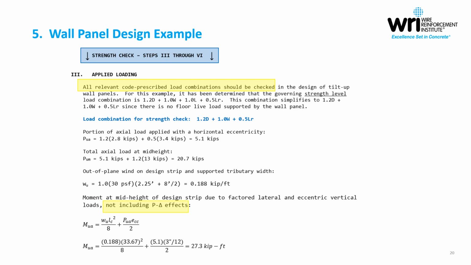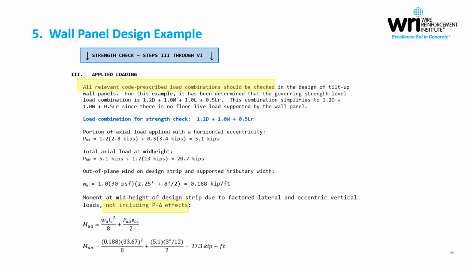The out-of-plane wind on the design strip, again, this is based on a tributary width. You can see the 1.0 strength level load factor on that wind, and we have a 0.188 kip per foot uniform load along the height of the design strip. This allows us to calculate the moment at the mid-height of the design strip that is due to the factored load and the eccentric effects.